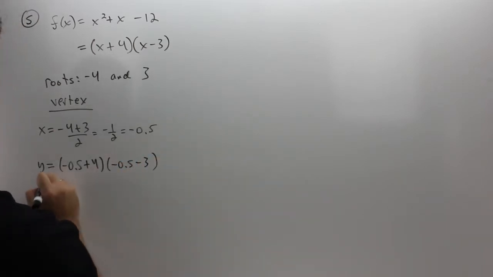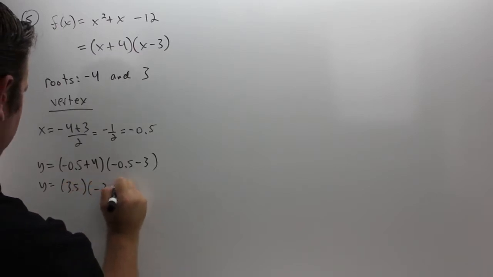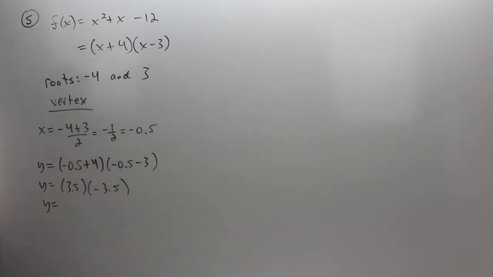Negative 0.5 minus 3, which gives us 3.5 times negative 3.5, which gives us, I'm going to have to pull up a calculator here. I just realized I don't have one on me. When I sat down to do these videos, I just did this question on a whim. 3.5 times 3.5 is 12.25, so negative 12.25.